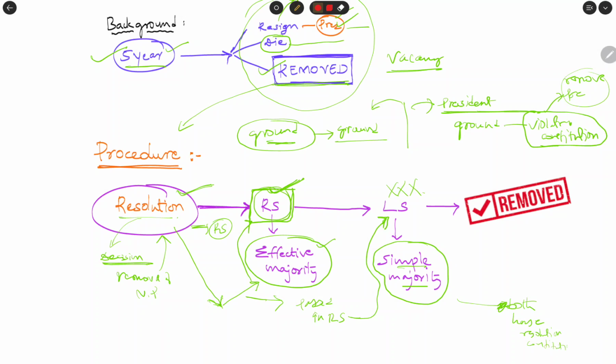Then the resolution is considered passed and the Vice President needs to vacate his office. This is considered removal. It means whenever the removal resolution is passed by the Rajya Sabha and Lok Sabha with an effective and simple majority respectively, that results in the removal of the Vice President from the office.